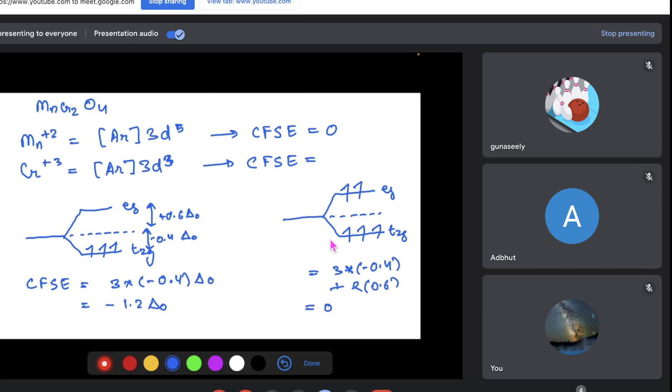So this is for Mn plus 2 and this is for chromium plus 3.